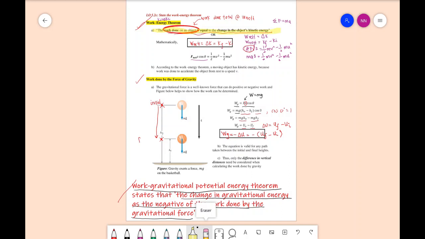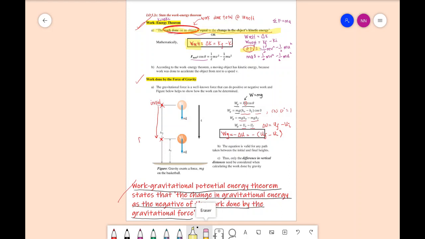Work done on an object is the total work, or work net, so you have to use work net as the subject. So work net equals delta K, where delta K is K final minus K initial. Work net is net force dot S, so you have to use the net or total force that is parallel to the displacement.